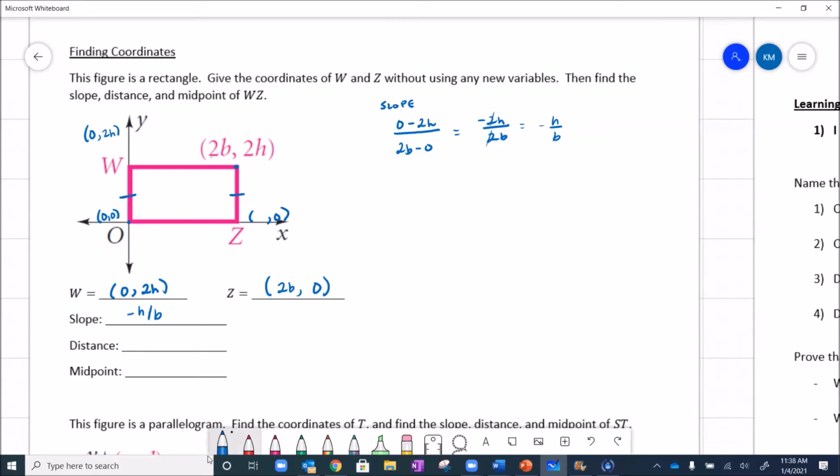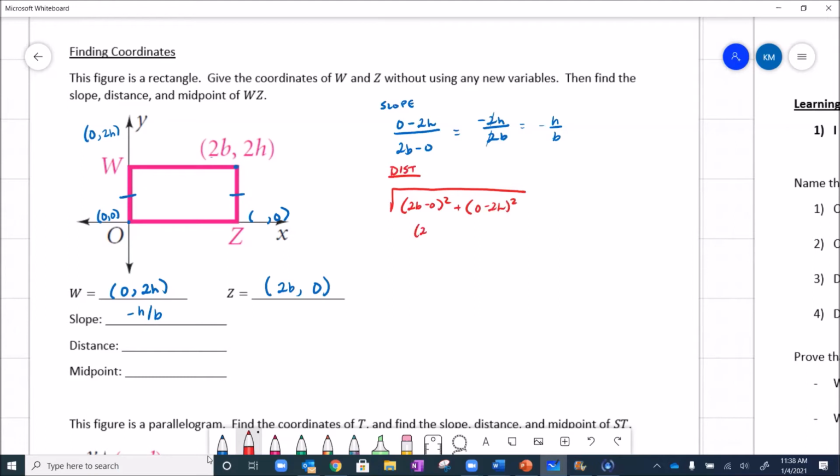Switching it up as not to be confused. Here's our distance. They want us to find the distance between WZ. So distance formula, just plugging that in. The difference of the x's, so 2b minus 0 squared, plus the difference of the y's, 0 minus 2h squared.